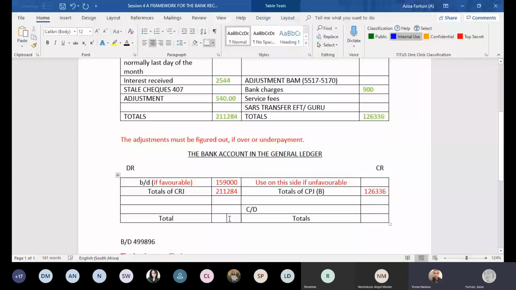Okay, so we tally them up. The debit side is 370,284.